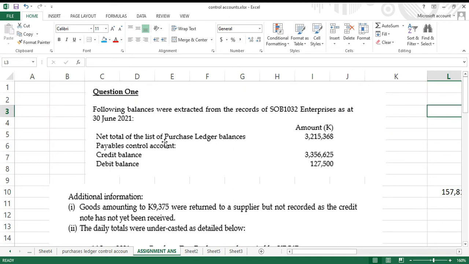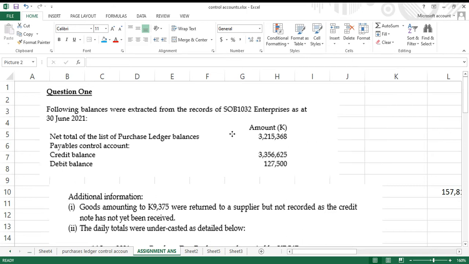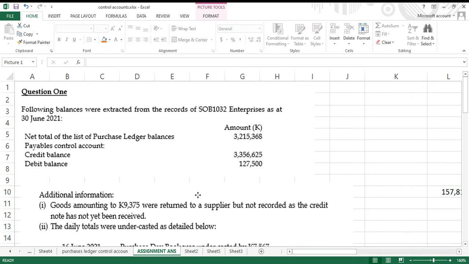The net total of the list of the purchases ledger is 3,215,368. And on the payables control account, we have a credit balance of 3,356,625 and a debit balance of 127,500. All right, so we've been given additional information, right?